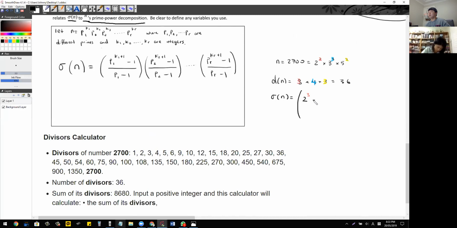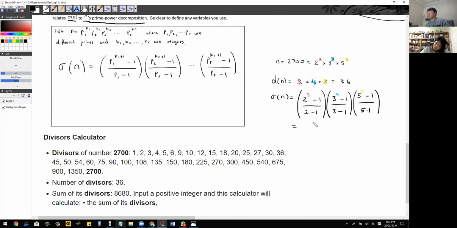Minus 1, over 2 minus 1. 3 to the power of 4 minus 1 over 3 minus 1. And then this is 5 to the power of 3 minus 1, over 5 minus 1.